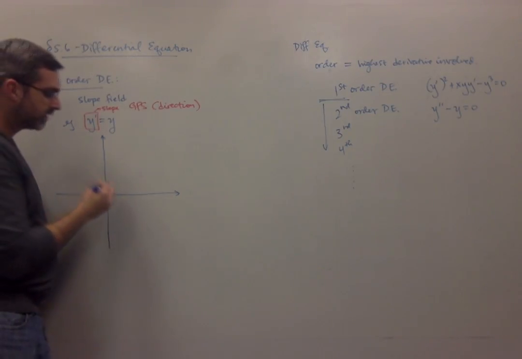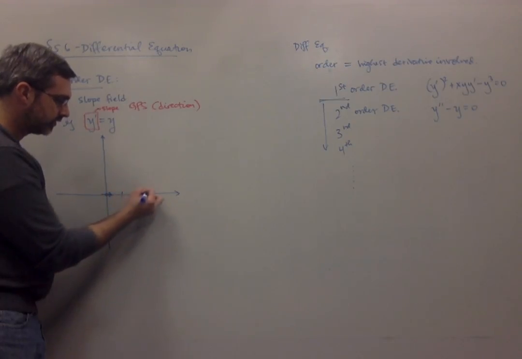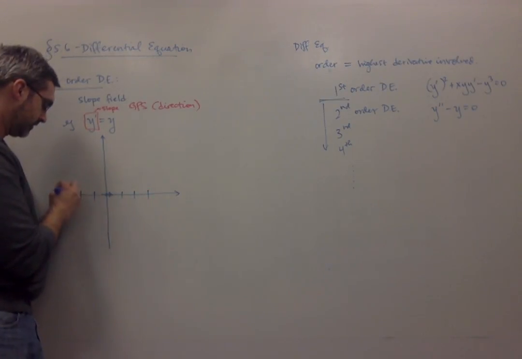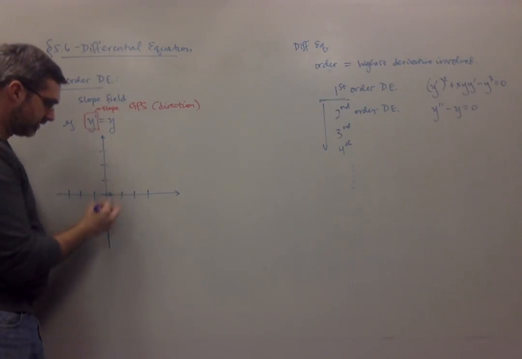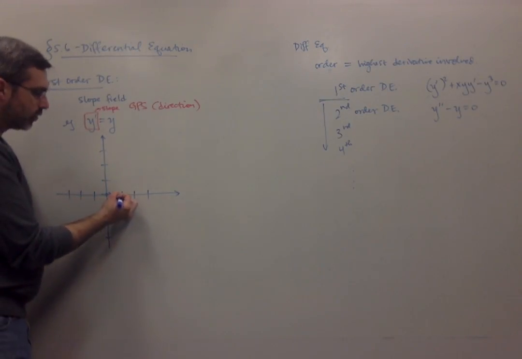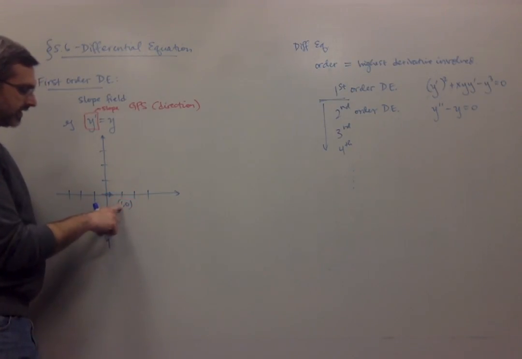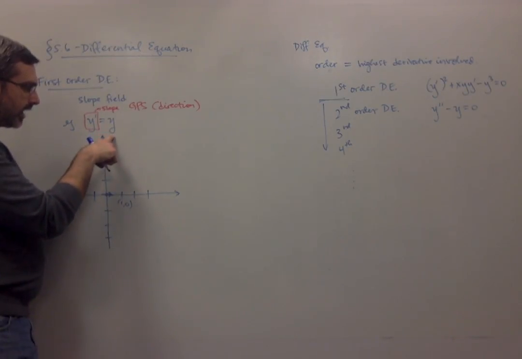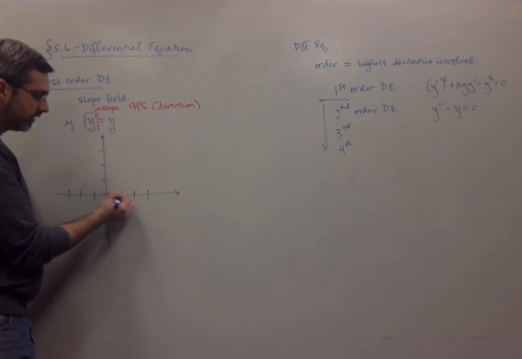Okay, let's pick another point here. Let's pick the point right here, 1, 0. Now 1, 0 has an x value of 1 and a y value of 0. So if I plug in y equals 0 here, then the slope right here is actually 0 as well.